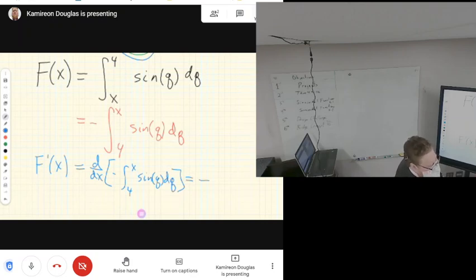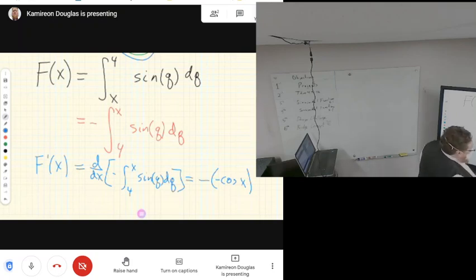The integral of sine is negative cosine, which means the solution here is cosine x.